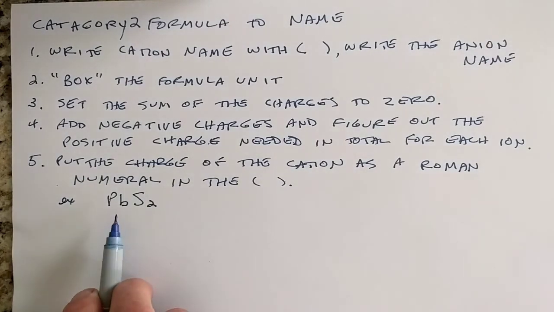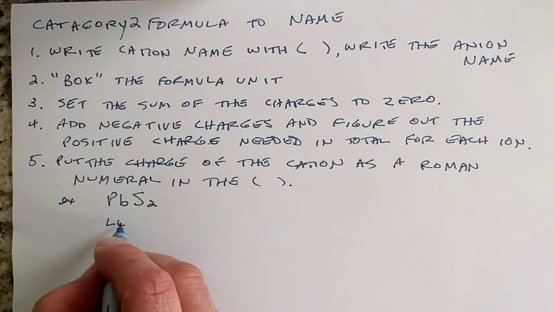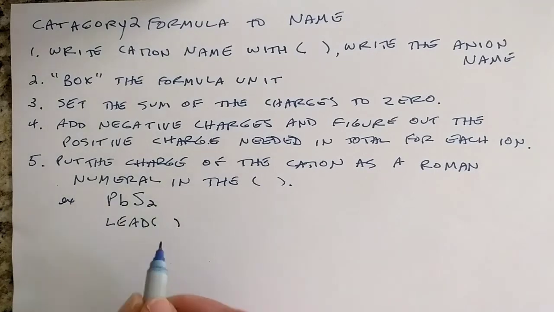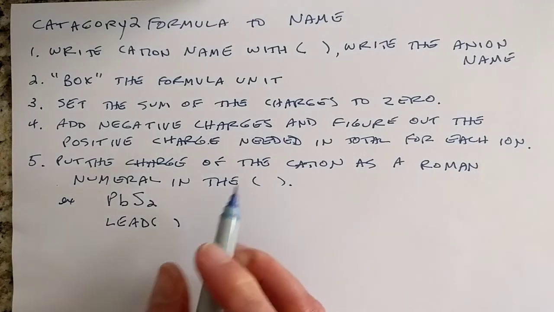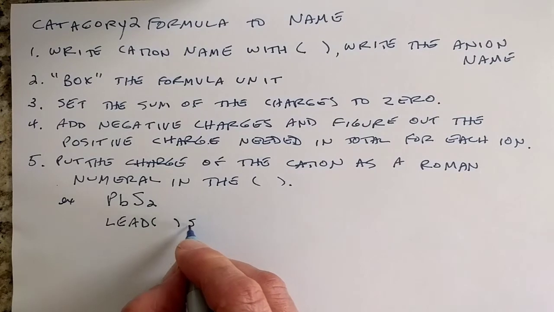First thing to do, when you look at our first element, lead, and we look at where it is on the periodic table, it is not in group 1, it is not in group 2, it is not in the slide, so that means it needs a Roman numeral. So we're going to write our cation name, so Pb is lead. We're going to leave an open parentheses for our Roman numeral, and then we're going to write our anion name. When we have sulfur as an ion, it is sulfide.